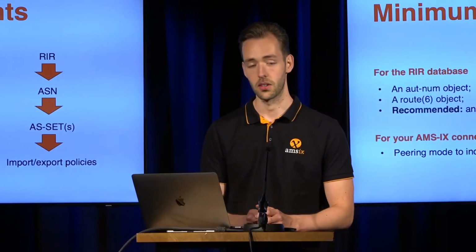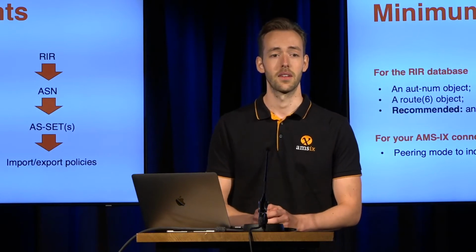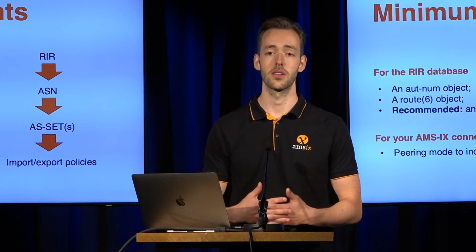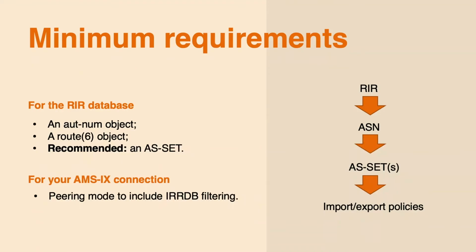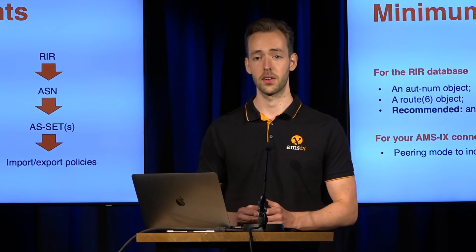These route objects are used to validate the origin AS that advertises the prefixes. Next to that, there's also the AS set, which we recommend, and you can use it to define your import and export policies. Lastly, there's also the AMS-IX connection that you're going to have to look into. Specifically, you're going to have to make sure that your peering with the AMS-IX route servers incorporates IRRDB filtering.